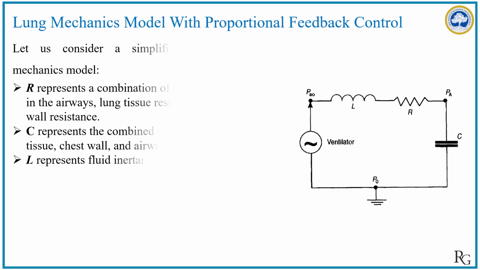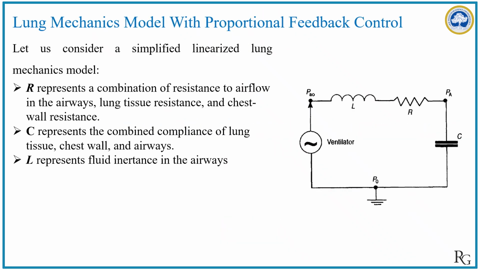Let us consider a simplified linearized lung mechanics model where R represents the combination of resistances of airflow in airways, the lung tissue resistance and the chest wall resistance. The C represents the combined compliance of lung tissues, chest wall and the airways.